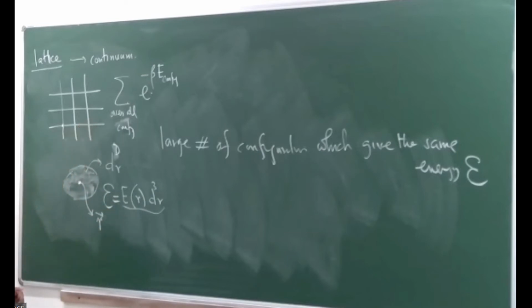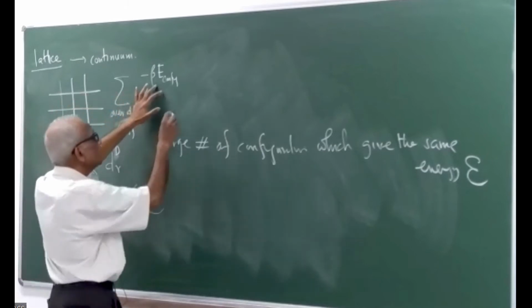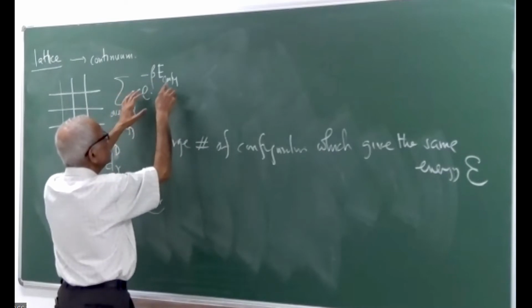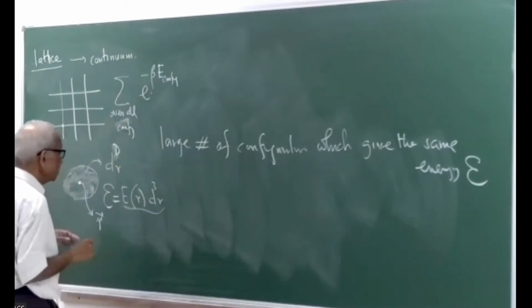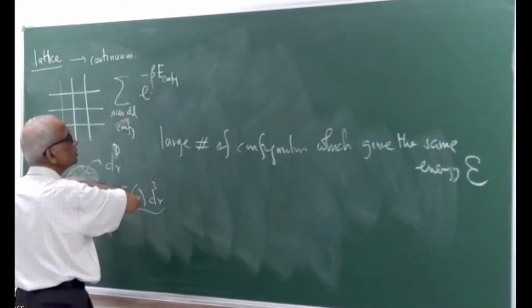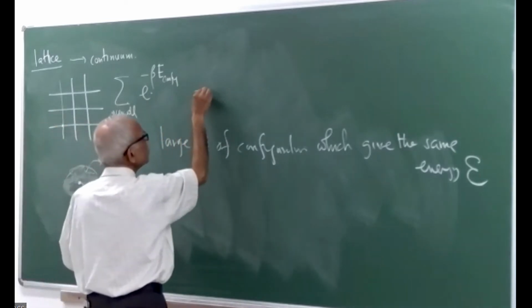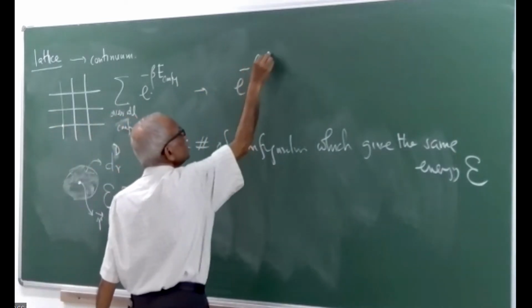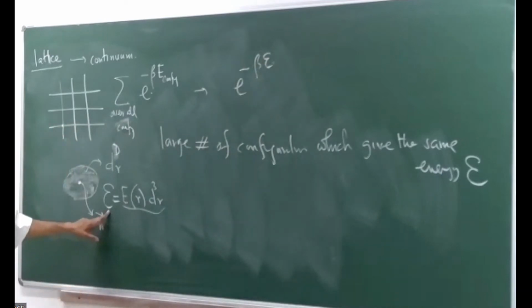Which means that if I have to do the stat mech, then to calculate the partition function, I would have to multiply by e to the power minus beta E configuration, which corresponds to this region of space, and I have to sum over all such volumes.